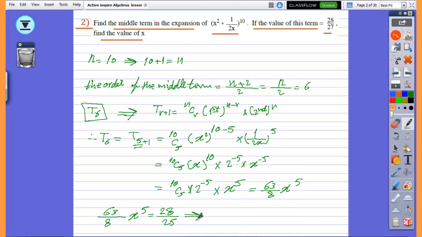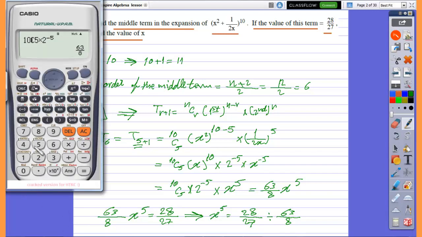It means x power 5 equals 28 over 27 divided by 63 over 8, and you calculate it in the calculator.